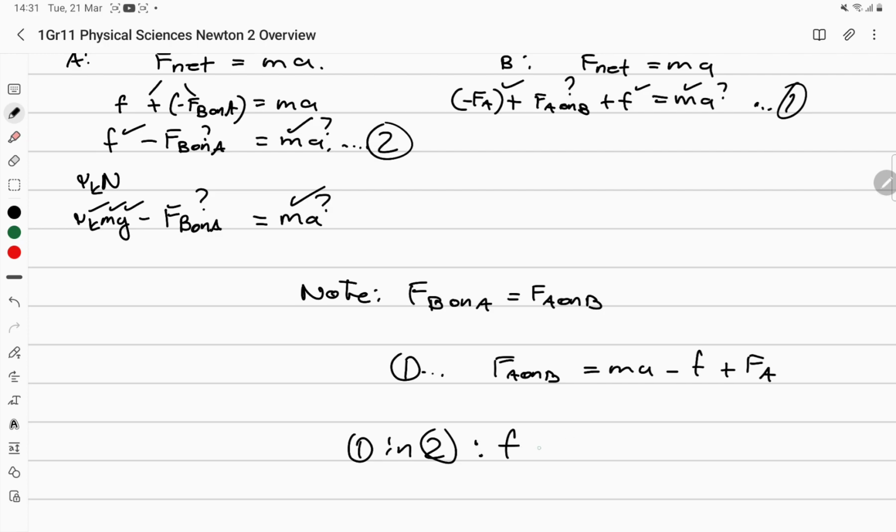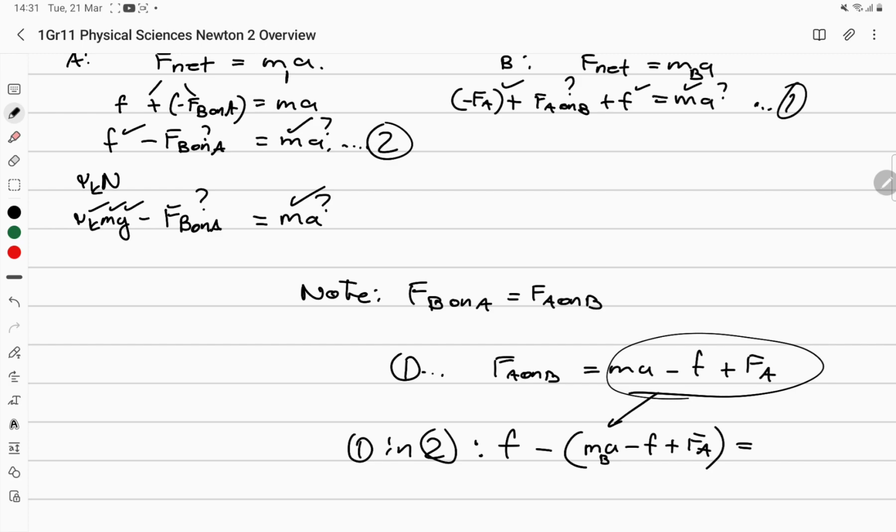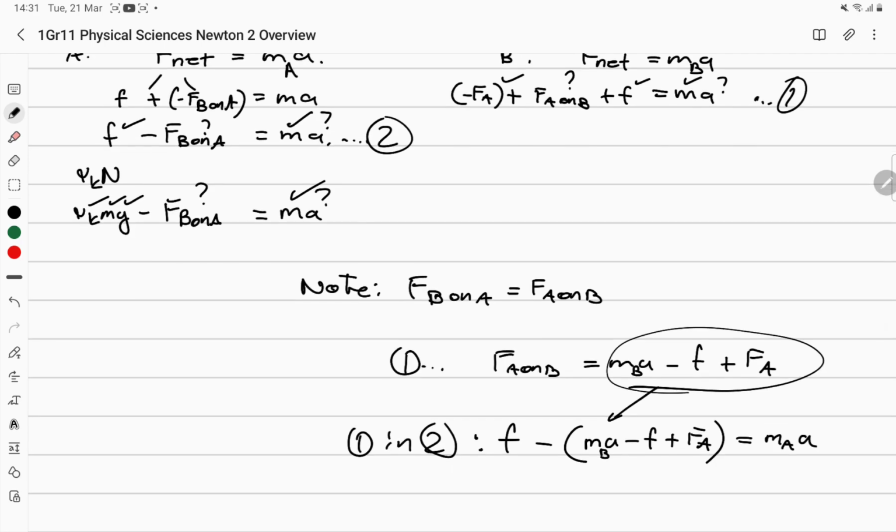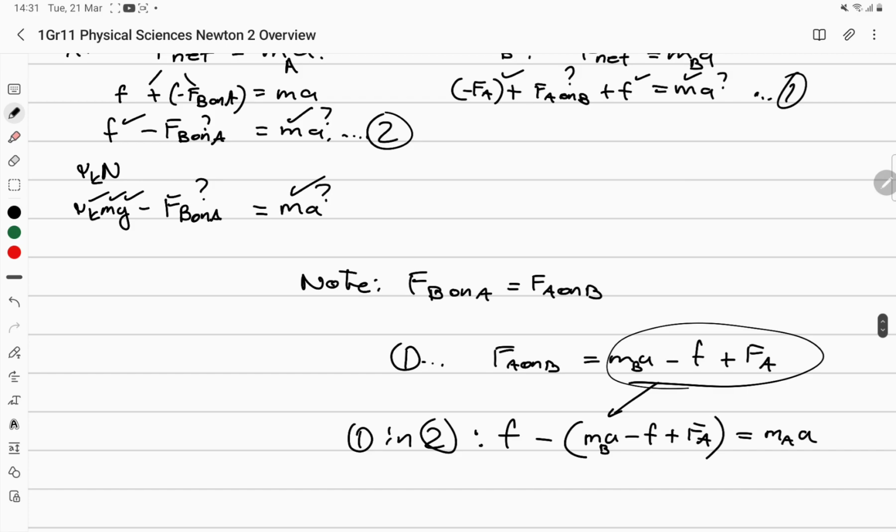I'm going to write it down. Alright, so I just put those subscripts in there because I think that might confuse people.